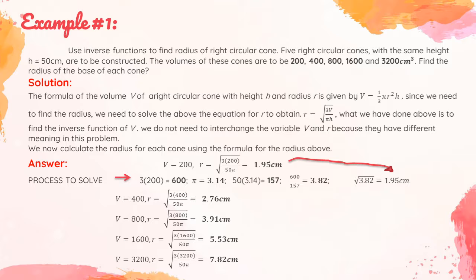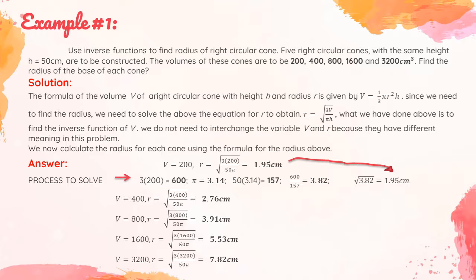So we have here a simple solution to find the process and the answer of this question. Solution: the formula of volume V of a right circular cone with height h and radius r is given by V is equal to 1 over 3 pi r squared h.